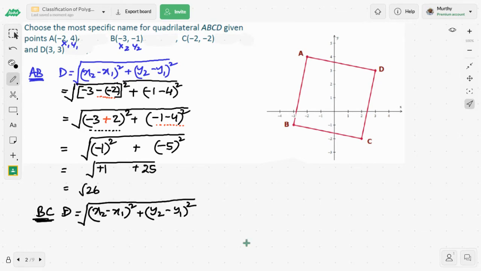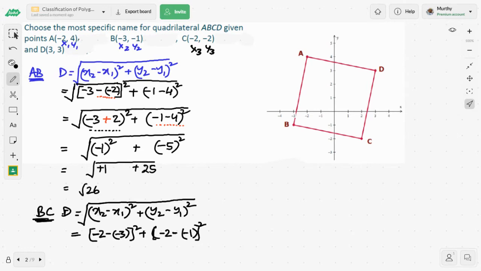I'm taking B and C, so this time you can take it as x3, y3, no problem. So -2 subtract -3 whole square, plus this one is y3, which is -2 subtract y1, which is -1, whole square.